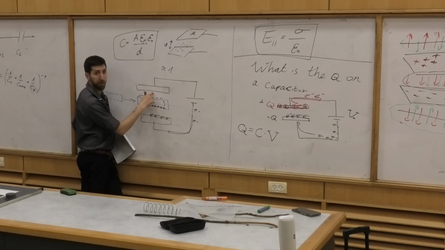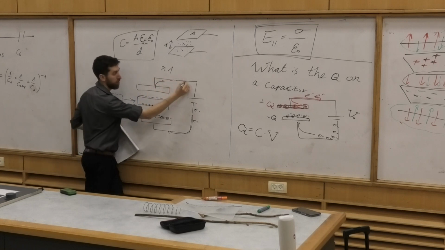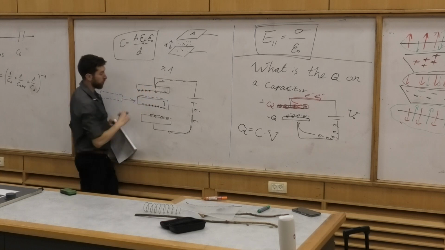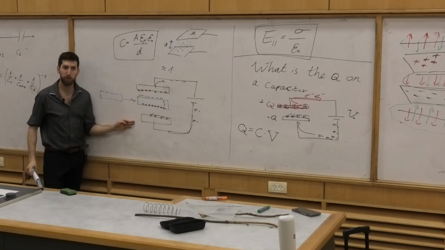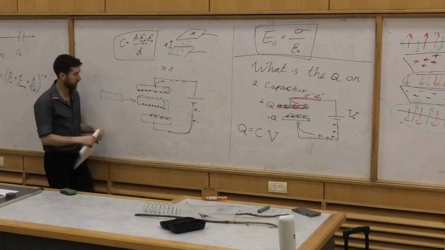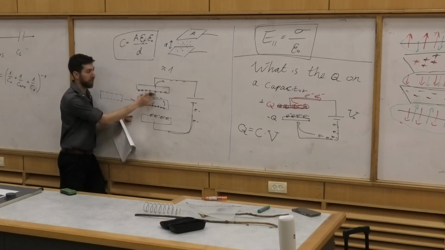And what's going to happen here? Electrons would say, I don't like this. I feel a repulsion. They're going to leave, right? And leave behind positive charge. So what we actually did, we built two new capacitors. You see it? This is a capacitor, and this is a capacitor.